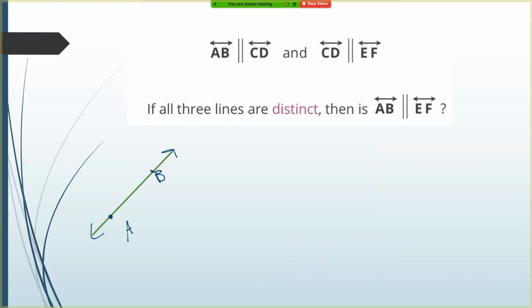Here's line AB. I'm going to make line AB parallel to line CD. And then I know that CD is parallel to EF, so I have to draw EF.